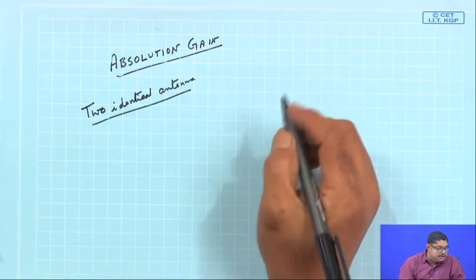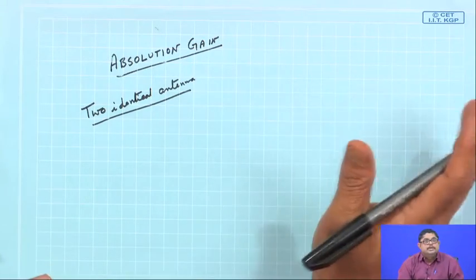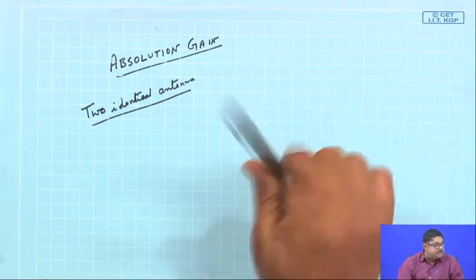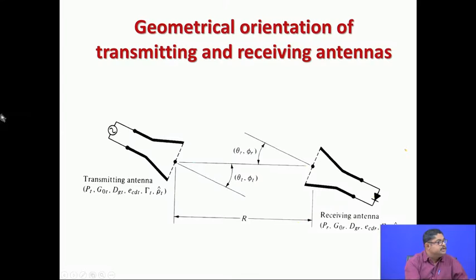So, in this technique we assume that polarization is matched, that means again referring to this diagram, polarization is matched and maximum directional transmission and radiation are aligned.